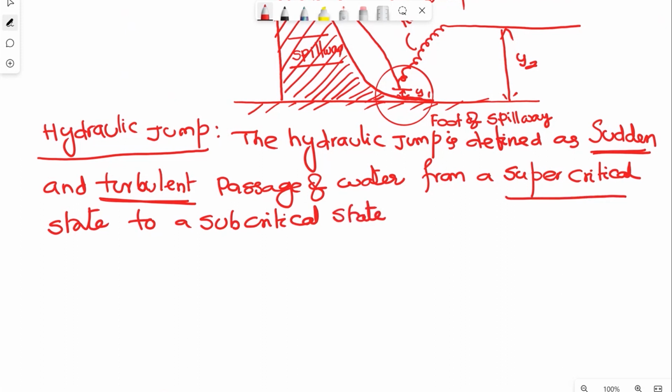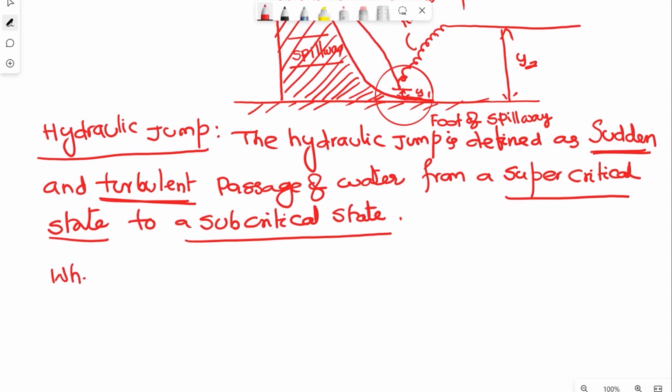Please, once again: it is a sudden and turbulent passage of water from a supercritical state to a subcritical state. That is what we call a hydraulic jump.